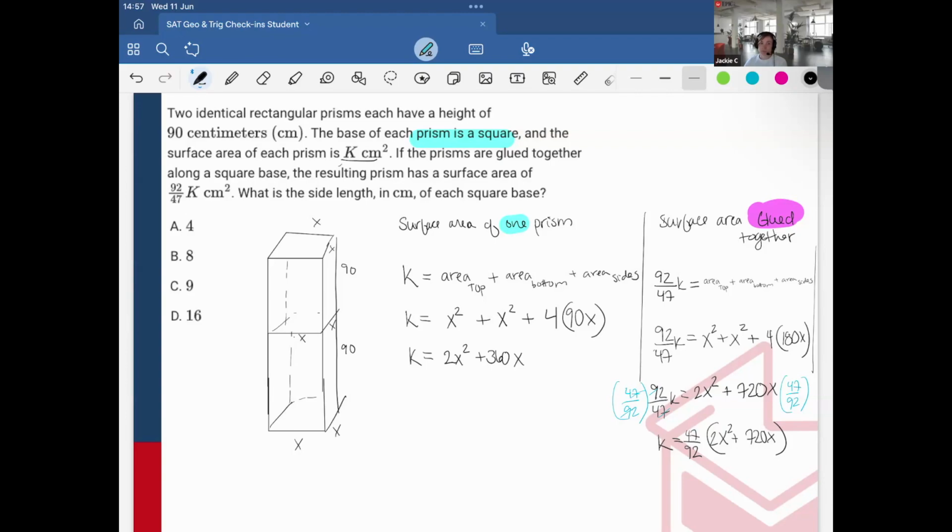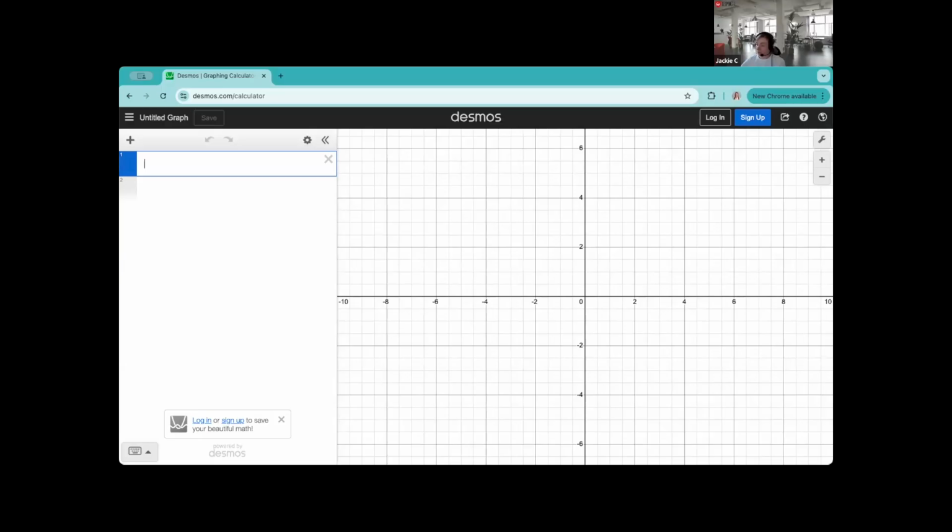So let's take a look. I will put it here. Okay, so we have the two equations here. It was 2x squared plus 360x, and that's equal to 47/92 multiplied by 2x squared plus 720x.